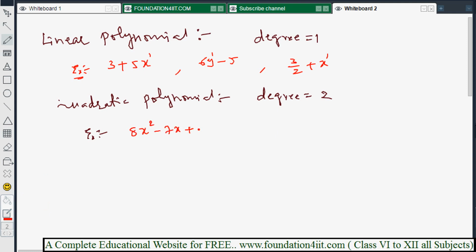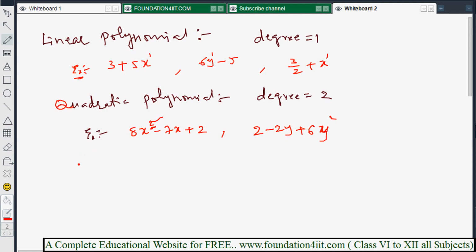Such examples are called quadratic polynomials, and the highest power, the degree, is 2 for this. And 2 minus 2y plus 6x square, 3y square. The variable must be the same. Both are quadratic polynomials.